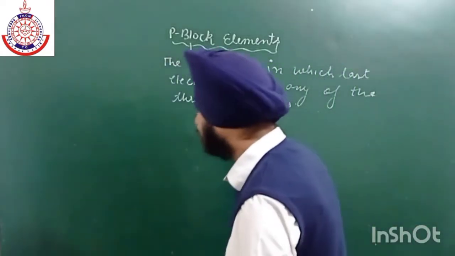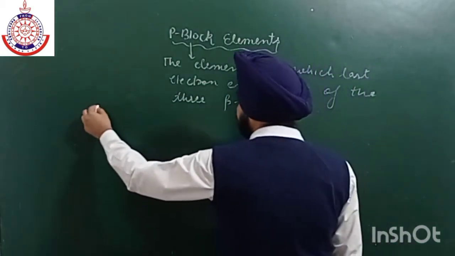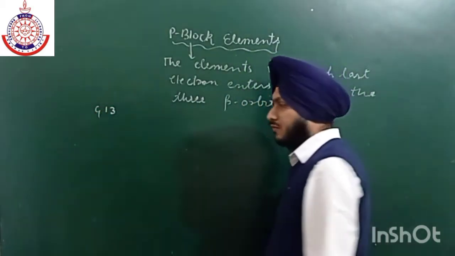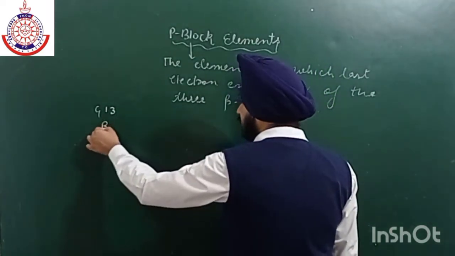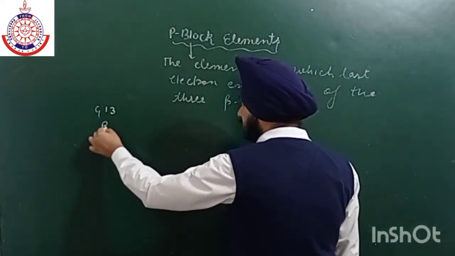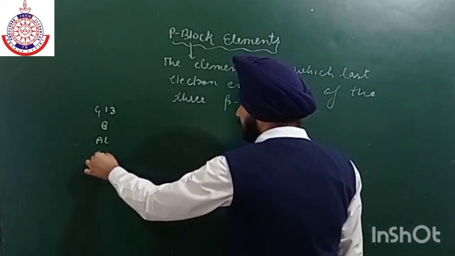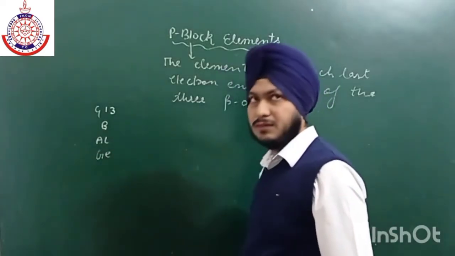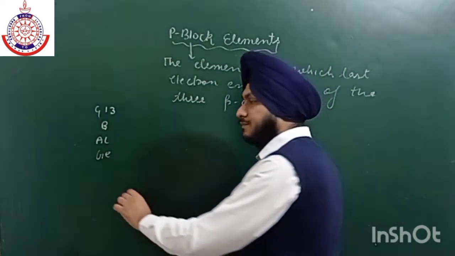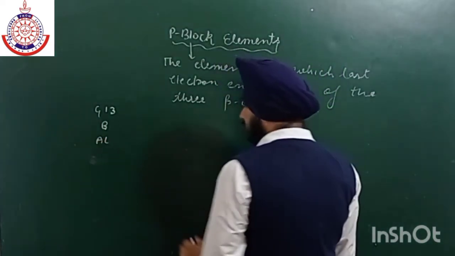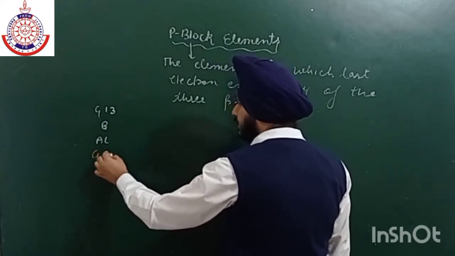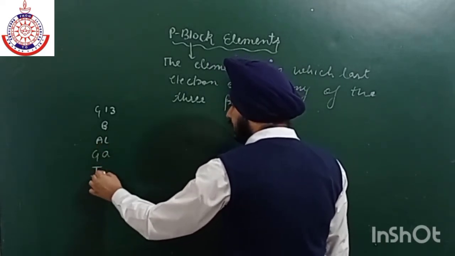Group number 13 is the boron family: boron, aluminium, gallium, indium and thallium.